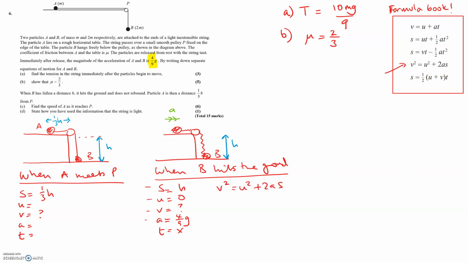I work those out, and I'm going to end up with v squared is 8/9 gh. So v is the square root of that. Now the speed with which B hits the ground is actually going to be the same speed that A starts travelling with at this point, because it's one string and it's inextensible, so they're moving at the same rate.